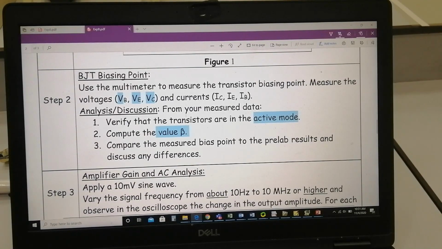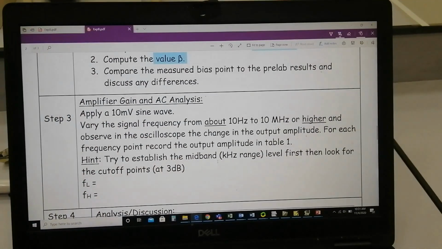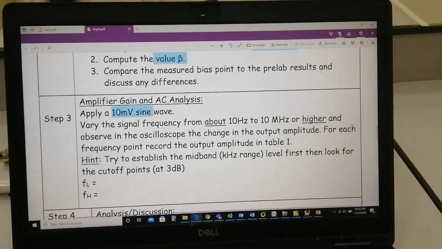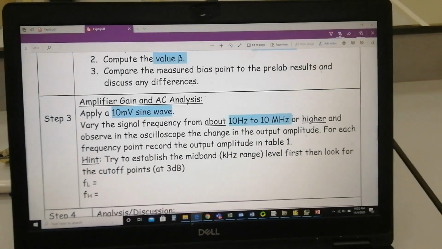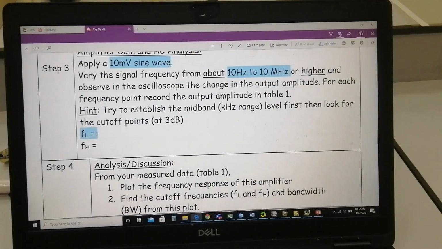Then we analyze those readings and apply a 10 millivolt sine wave, varying the frequency from 10 hertz to 10 megahertz, and determine the F low and F high.